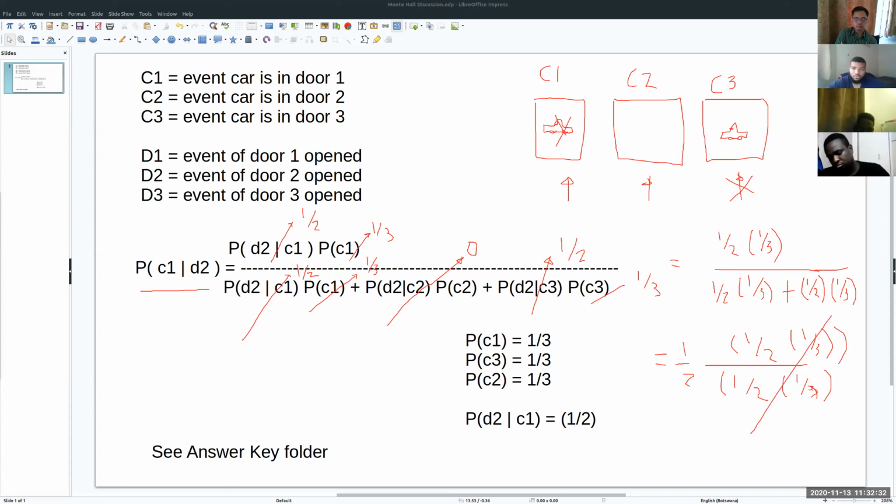Isn't it 0.5? Yes, half. So there are equal probabilities. No matter whether you change or not, it doesn't increase your chances of winning. That's what this one is saying.